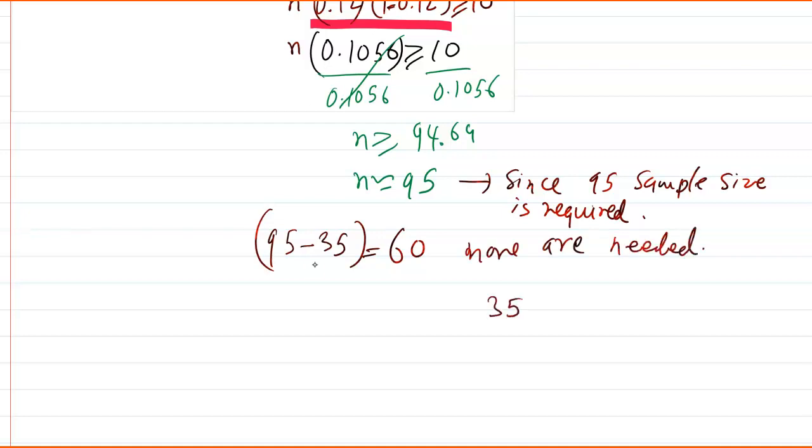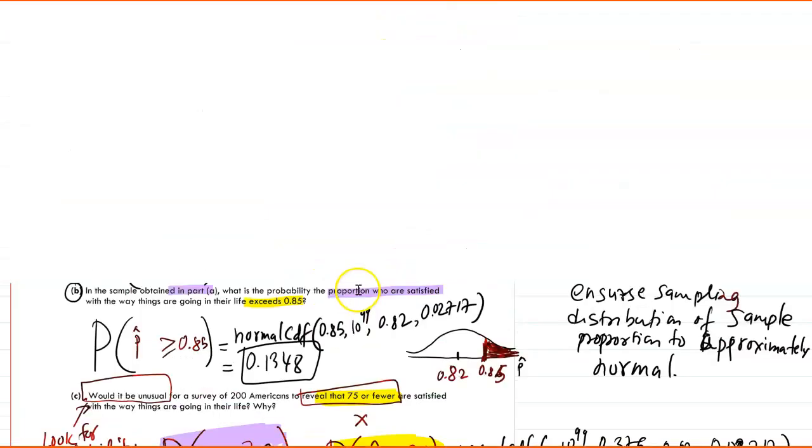Because 35 is the sample, plus if you add 60 you get 95. That's what we require. That's question number 4.